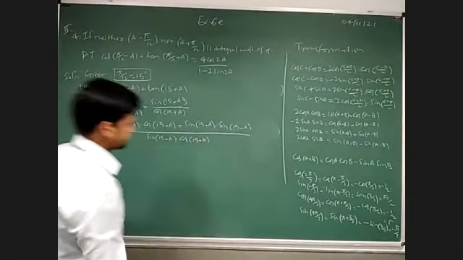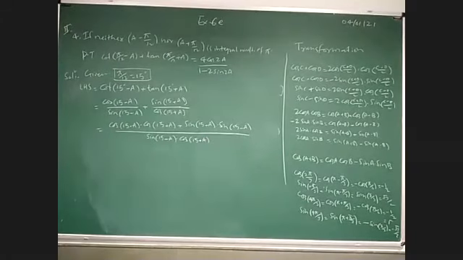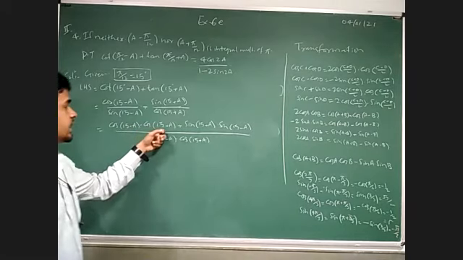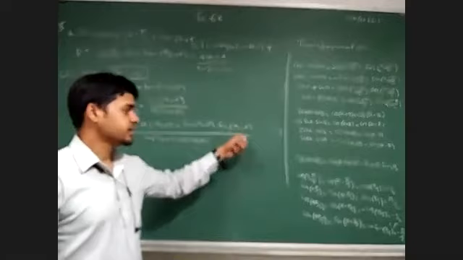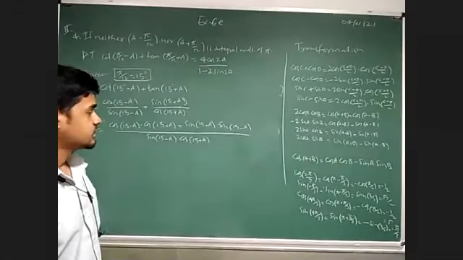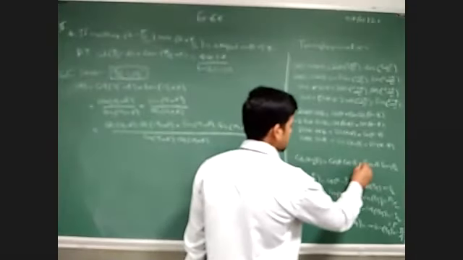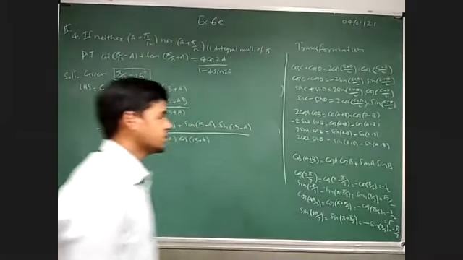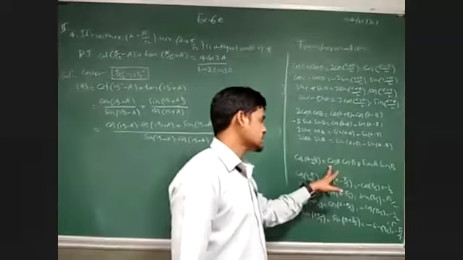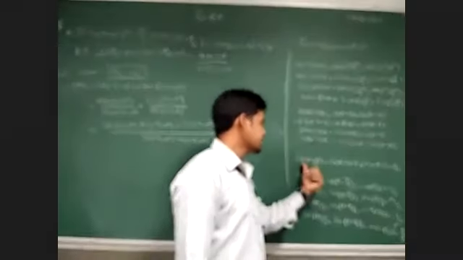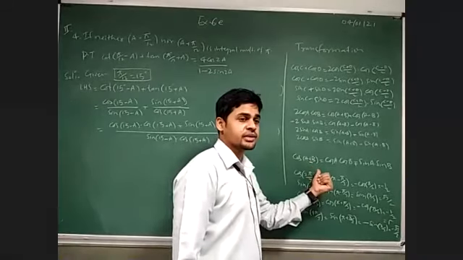Now we know one formula, that is cos a cos b plus sin a sin b, which is the cos(a minus b) formula. If we have cos a into cos b plus sin a into sin b, I am able to write cos(a minus b).